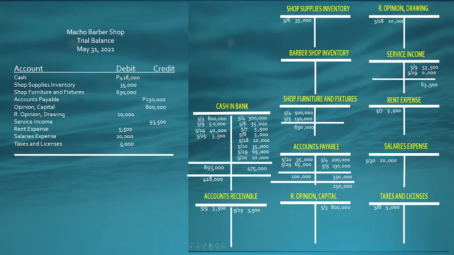Then total the debit and credit and double rule it for the finality of the figure. So this is a trial balance. As you can see, it tests whether the total debit is equal to the total credit. These are the totals. It is balanced.